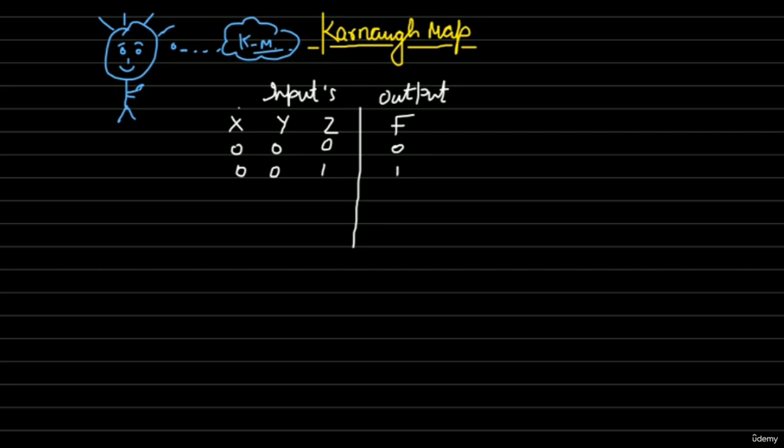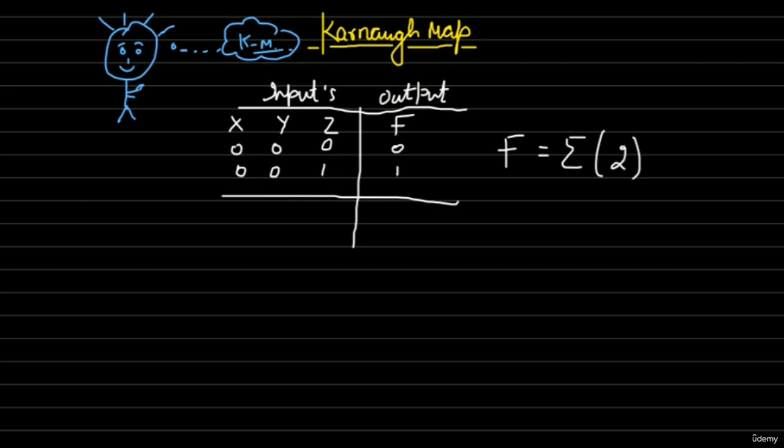We have just done the OR operation on that. So with just this simple thing, with the 3 inputs, with x and y as 0 and z as 0 and 1, we can write the function f is equal to sigma 2. That's it. So this is number 1 and this is number 2.